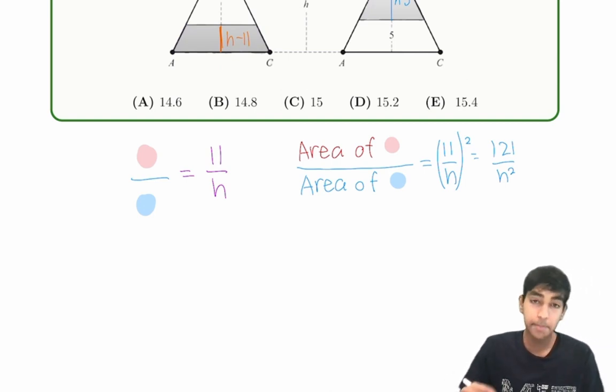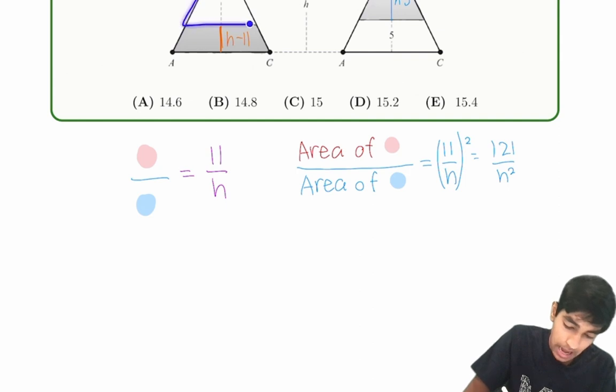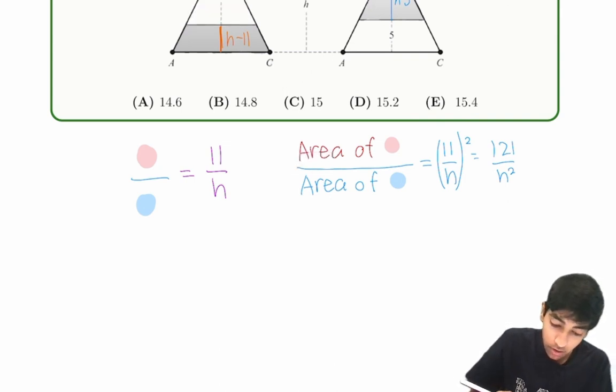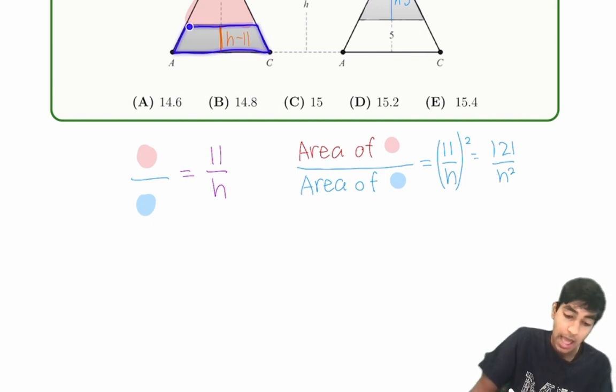So notice that the red triangle that I had over here, it was red, remember? The ratio of that red triangle to the entire triangle, blue triangle, we already found to be 121 over h squared. But we're trying to find the ratio of this gray region. And notice that this gray region is just the area of this entire triangle minus the area of the red triangle.